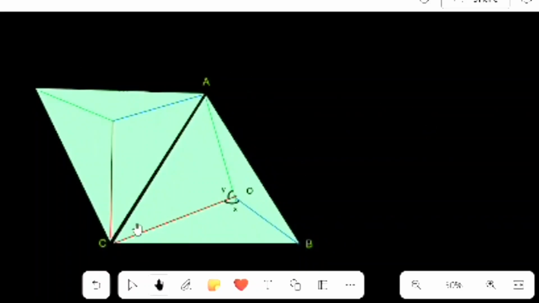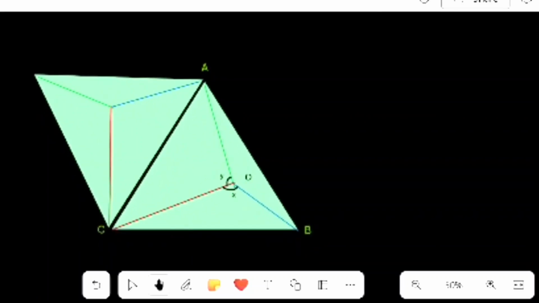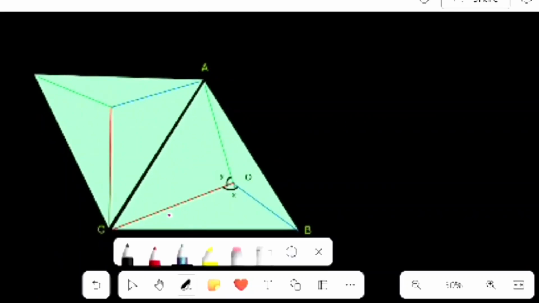Now we can see we have to find this angle. Let us say that this angle is alpha. Then the whole angle is 60 degrees because it's an equilateral triangle. So this angle will be 60 minus alpha. Because it is the same triangle, this angle is also alpha.